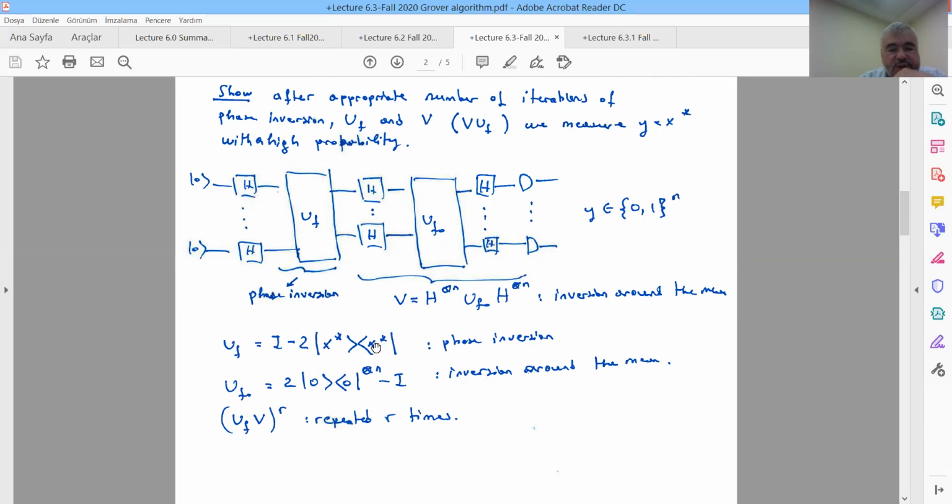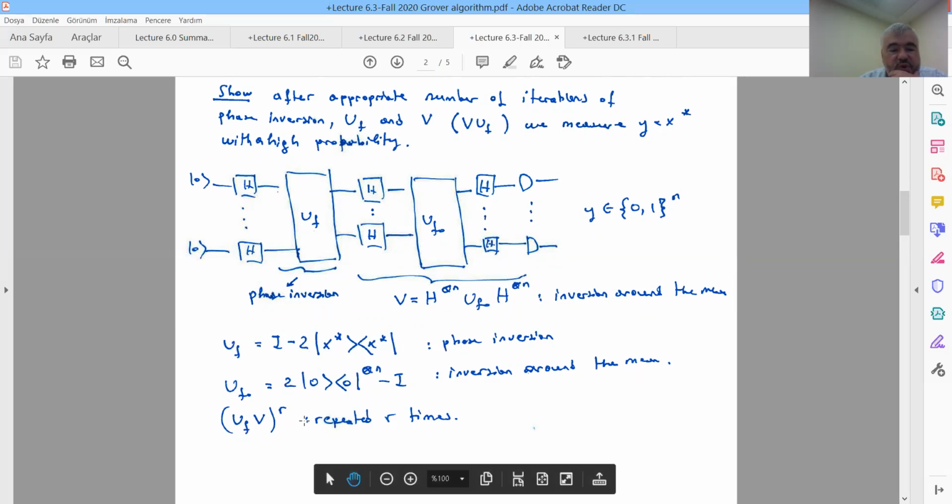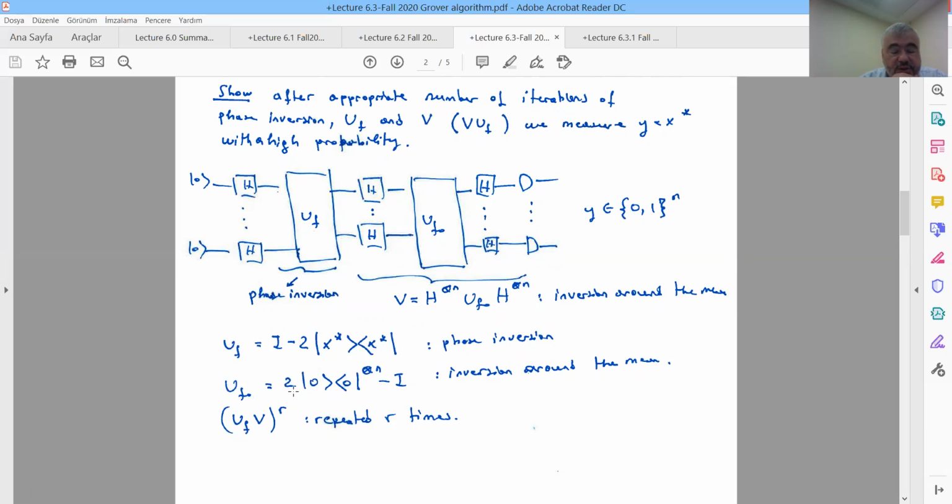So U sub F is the operator, and we have shown that this does phase inversion on the state ket x star. And this is inversion around the mean, U sub F0: 2 ket 0 bra 0 tensor n times minus I. This is the inversion around the mean.